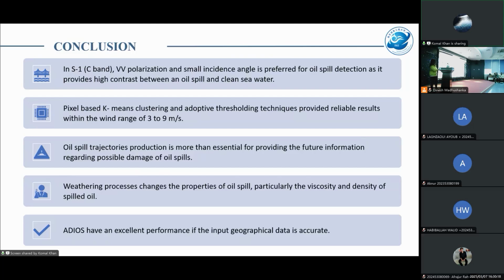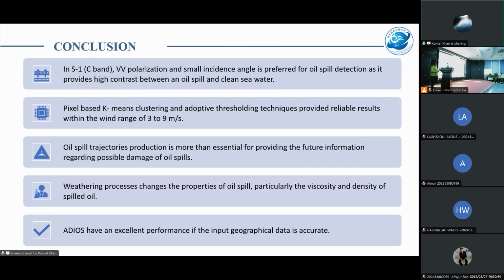And pixel-based clustering is a very good technique. It gives you accurate results, but only if the wind speed is in a certain range. From 3 to 9 meters per second is the ideal wind range, where it can identify these oil pixels accurately.